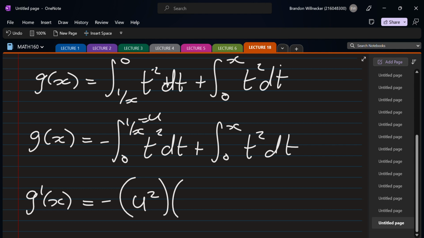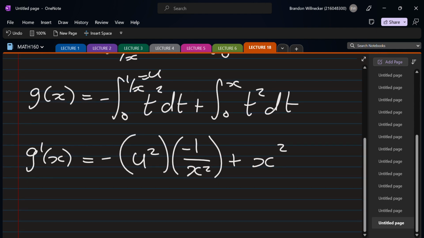When we take the derivative, it will be minus x to the minus 2. So we can write that as minus 1 over x squared. Or you can leave it as minus x to the minus 2, that's fine as well. Plus, this next one, we don't have to do any u substitution, nothing to worry about. We just substitute the x. So it will be x squared. Okay, any issues with that?